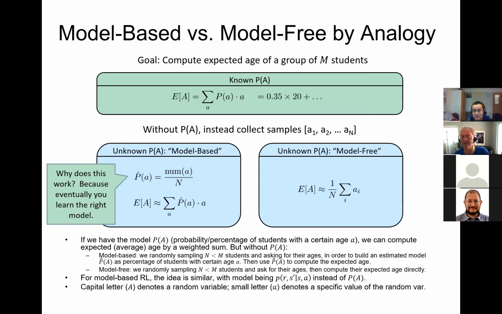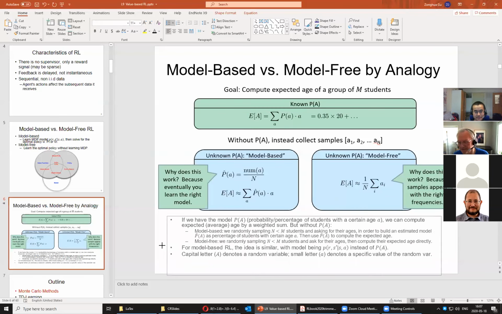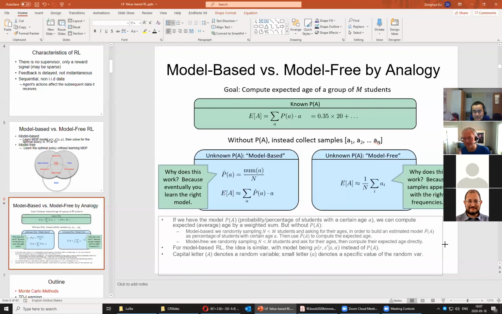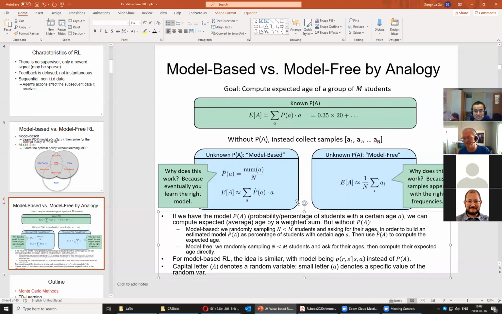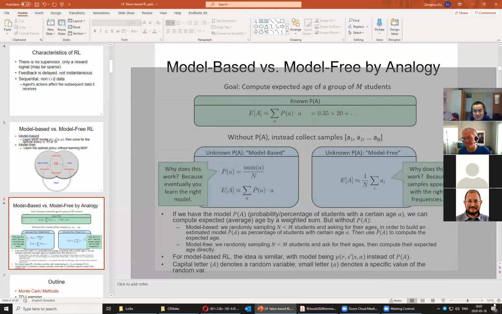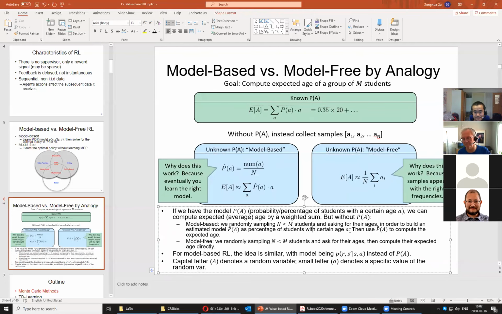So num a is the number of students, a single number, not a vector. Okay, so a is the age like 21 and the number of 21s.